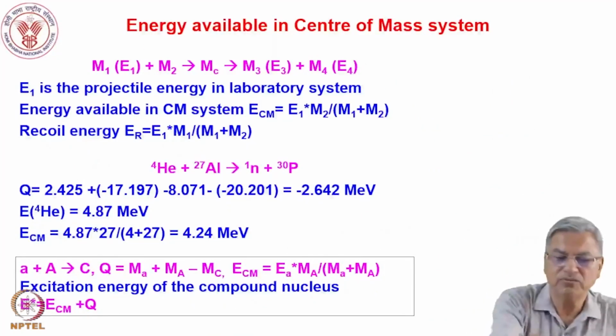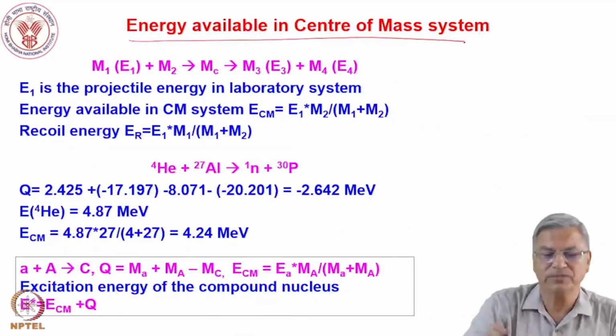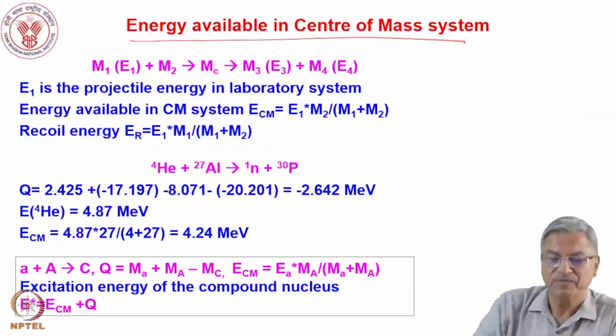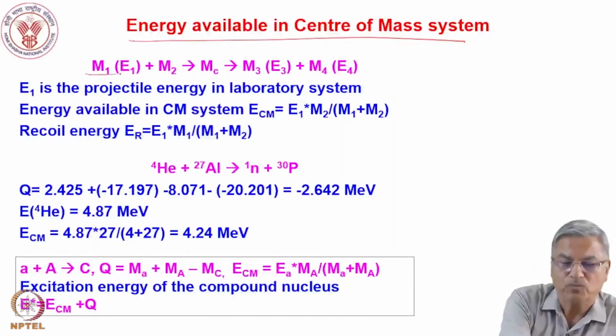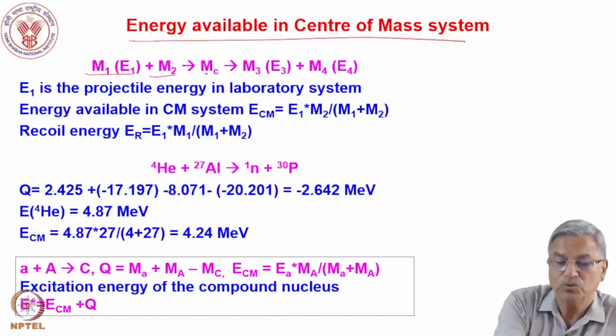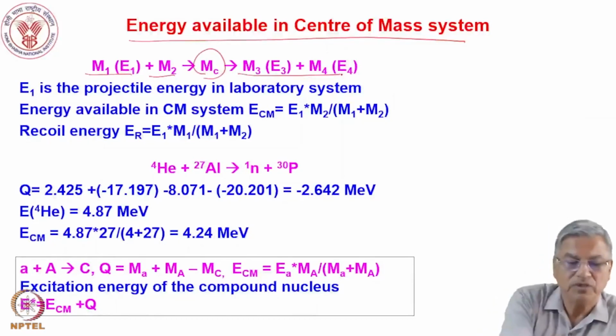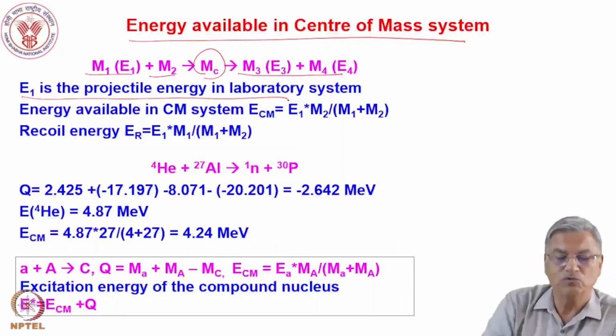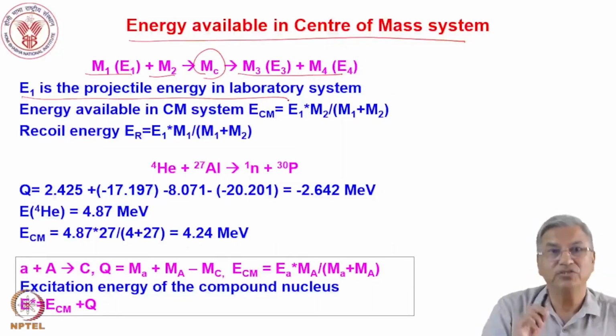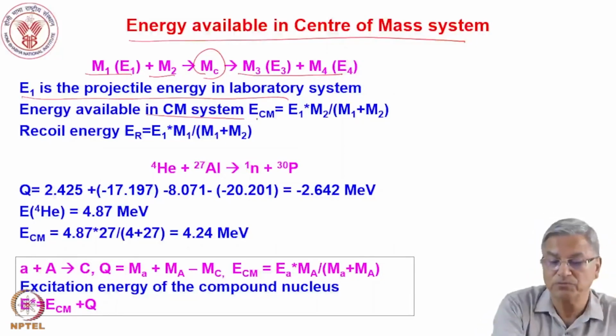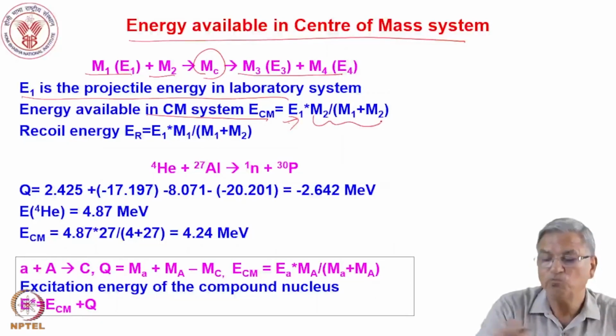So let us see now the energy available in the center of mass system. Just now we discussed the mass of projectile M1 having kinetic energy E1 plus M2 going to a composite nucleus, M3 plus M4, where E1 is the projectile energy in the laboratory system, and the energy available in the center of mass system is now ECM equal to initial energy of projectile into M2 by M1 plus M2.